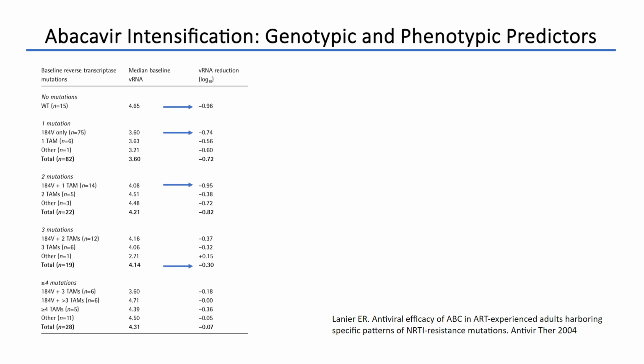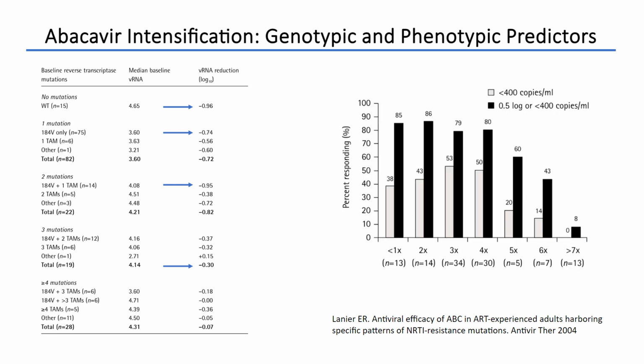However, there was a significantly reduced virological response in those with 3 or more drug resistance mutations. The figure on the right shows how the cutoffs of the PhenoSense assay were developed because a reduction in response was not observed until a reduction in susceptibility of more than 4-fold occurred, and no activity was observed for those with greater than a 6-fold reduction in susceptibility.